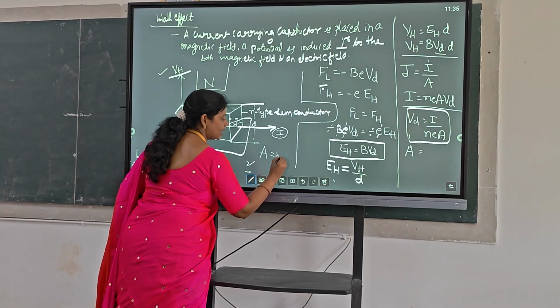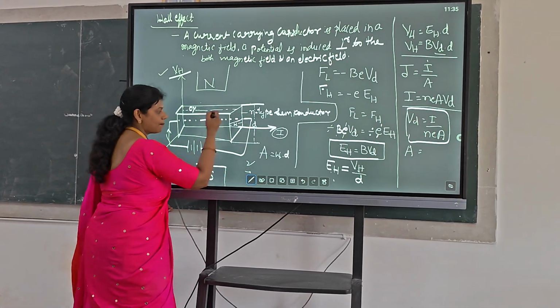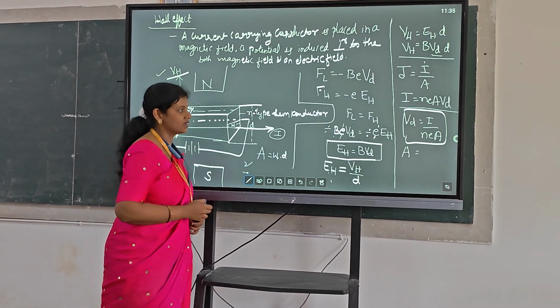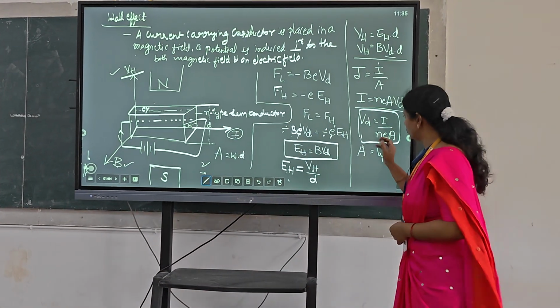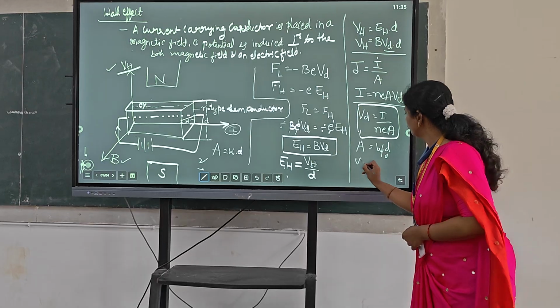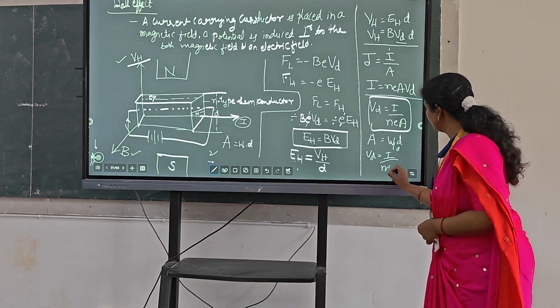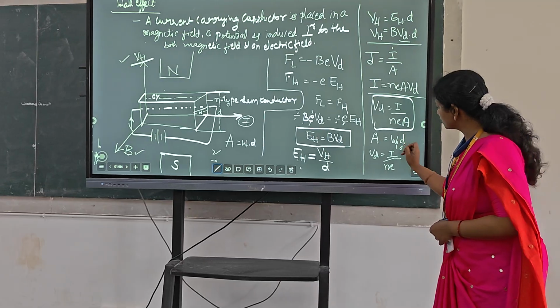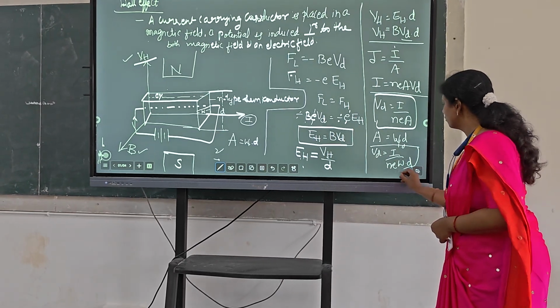So we can take the area as the thickness times the distance, and substituting in the above equation, VD is equal to I divided by NE into W into D.